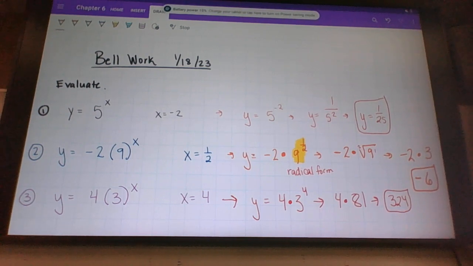And we're going to try graphing one exponential function right in your notebook before we go to your textbook. So we're going to graph using a table.